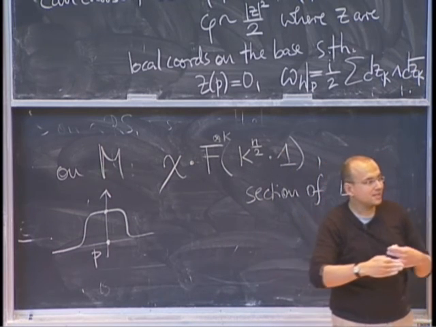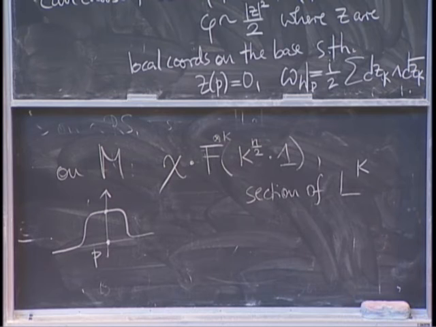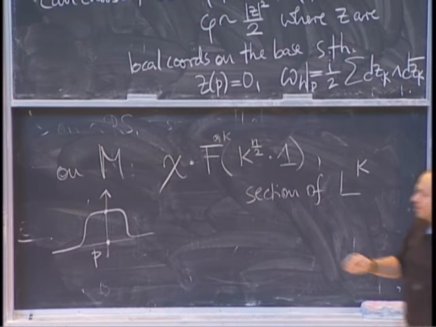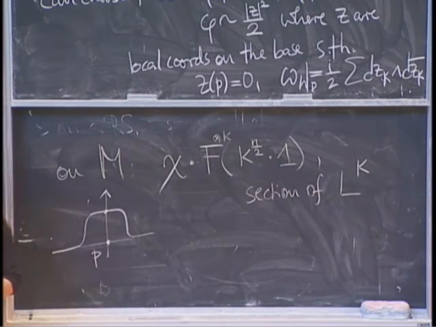What I'm taking is I scale it up. So multiplying the curvature by K corresponds to raising the line bundle to the kth power. So I'm introducing another factor of K in front of the exponential, so this profile gets even sharper.